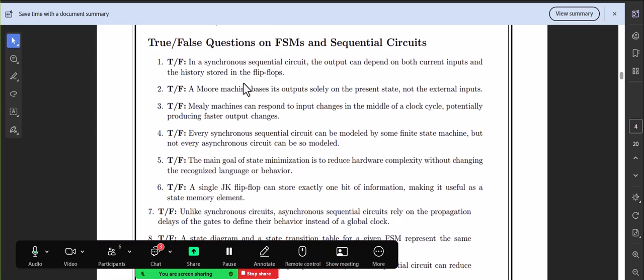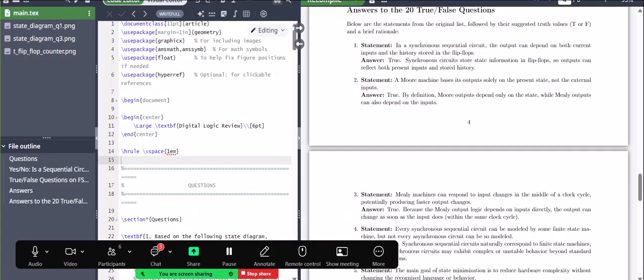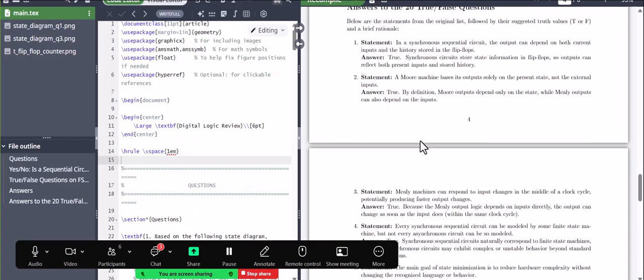Every synchronous sequential circuit can be modeled by some finite state machine, but not every asynchronous circuit can be so modeled. That's a good question. I would say true, but I'm going to go with false. I think that is true, on the basis that the last three have been true.